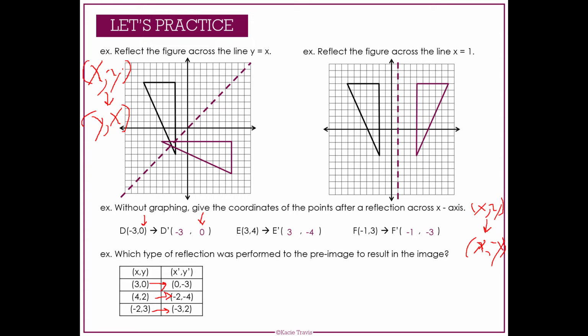We see that the x values have all switched to where the y values are. And not only that, the x value and y values have changed from whatever the signs they were originally to the opposite sign. So in this case, both of these were positive, they turned negative. The 3 was positive, it turned negative, and the 2 was negative, the 3 was positive. So the 3 became negative, the 2 became positive.